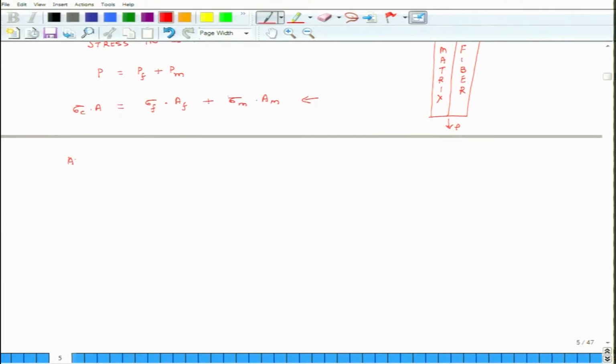At breakpoint, what is the value of sigma F? Sigma F will be sigma Fu. What is the value of sigma M? Sigma M will be the stress in the matrix at the strain level epsilon Fu, the breaking strain. And what is the value of composite stress?